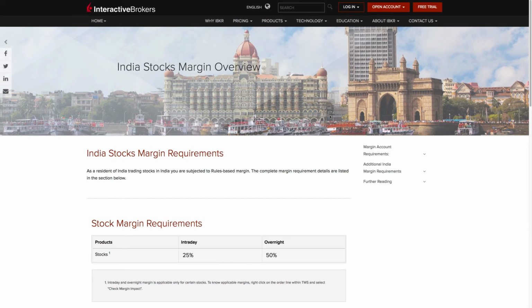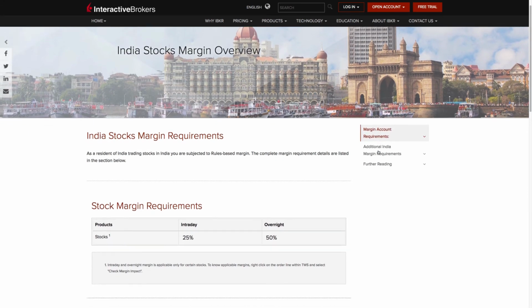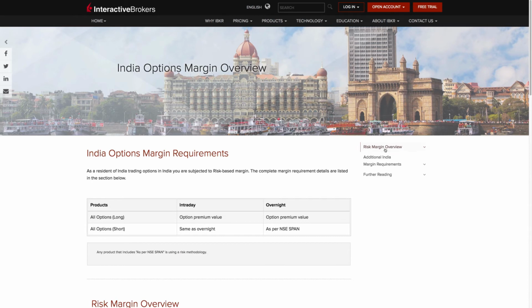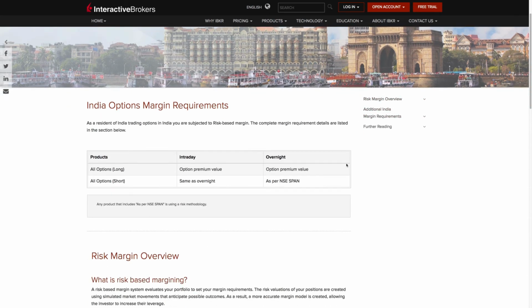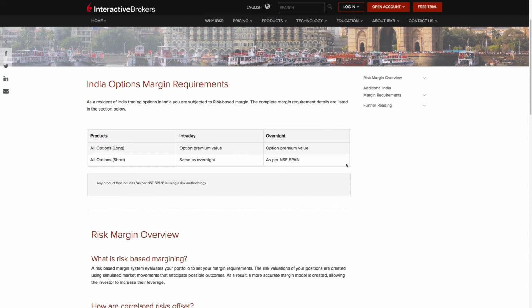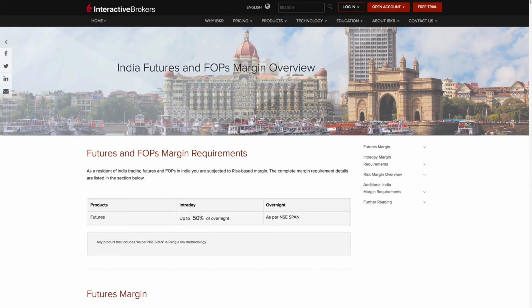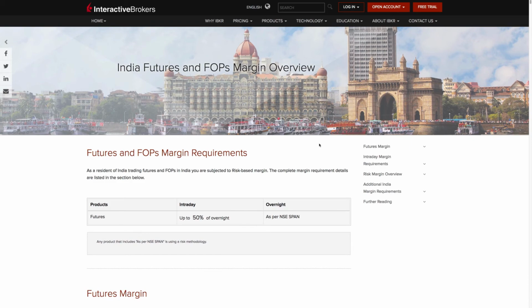Clicking stocks, we can see a pretty straightforward rules-based margin requirement system. But if we click options and/or futures, you'll see that there are requirements that are determined by the rules of the NSE exchange that the products are being traded on. If you explore other jurisdictions and products, you'll also see examples where the margin requirements are a combination of the regulations of the region's governing body as well as the exchange that the products trade on.